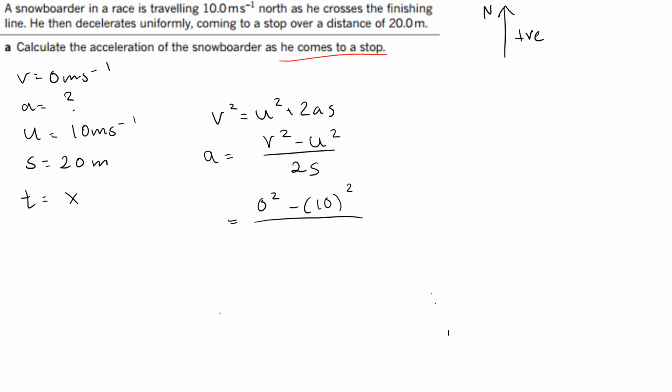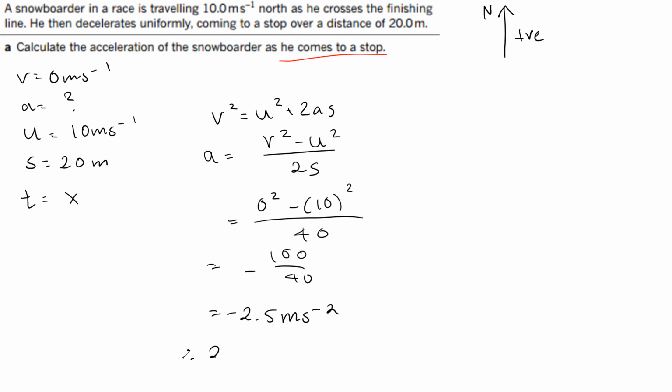And we've got s, so 2 times 20 is 40. So this is equal to negative 100 over 40, which is 2.5. So negative 2.5 meters per second.